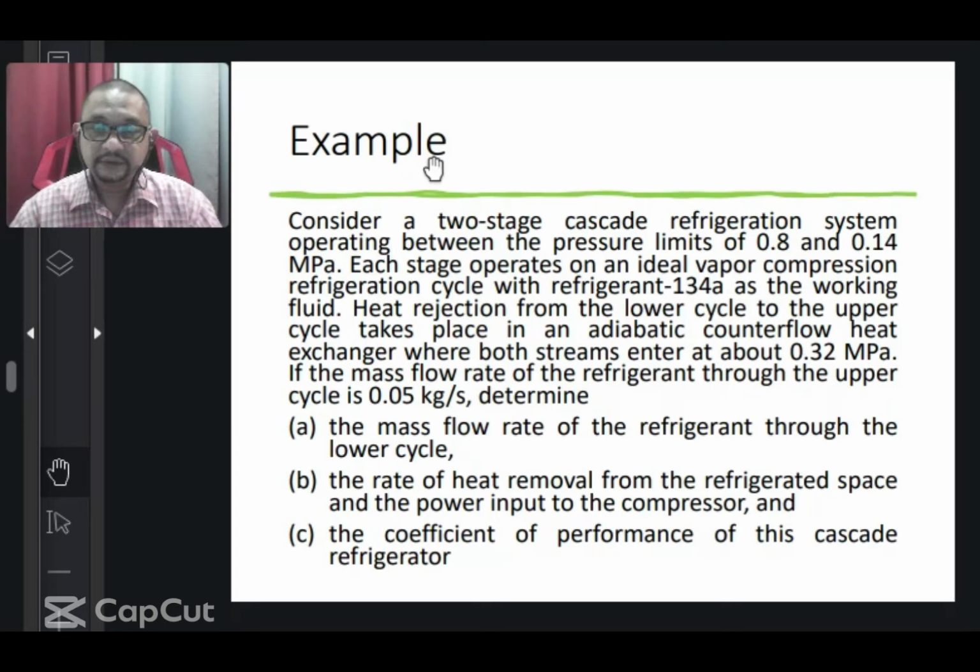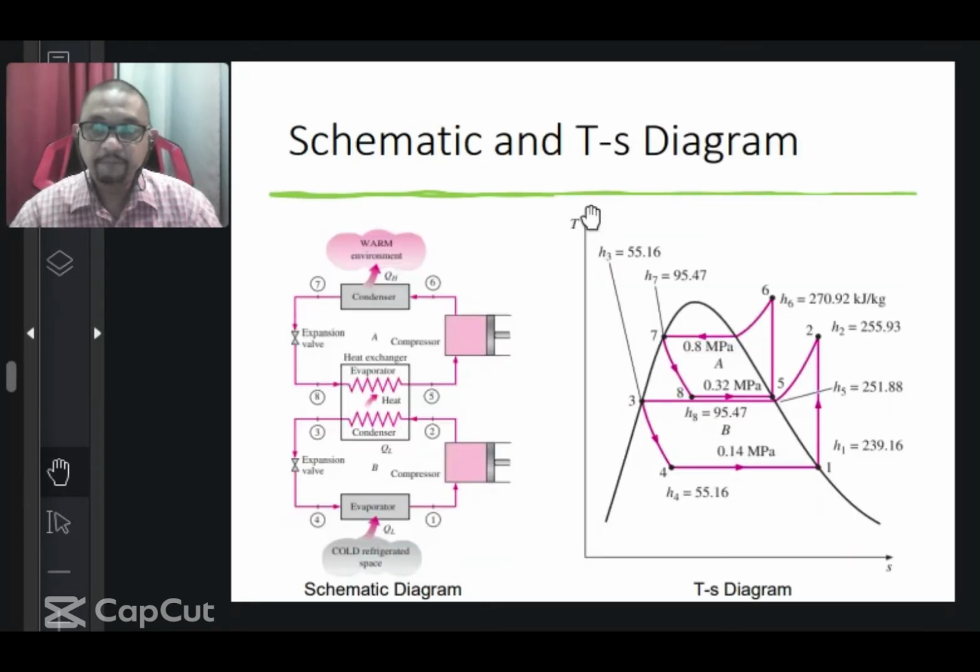Okay, to solve this question, firstly, as usual, you have to draw the T-S diagram, and also you have to understand the schematic diagram of this cascade refrigeration system. This system operates between two pressures, that means 0.14 megapascal and 0.8 megapascal.